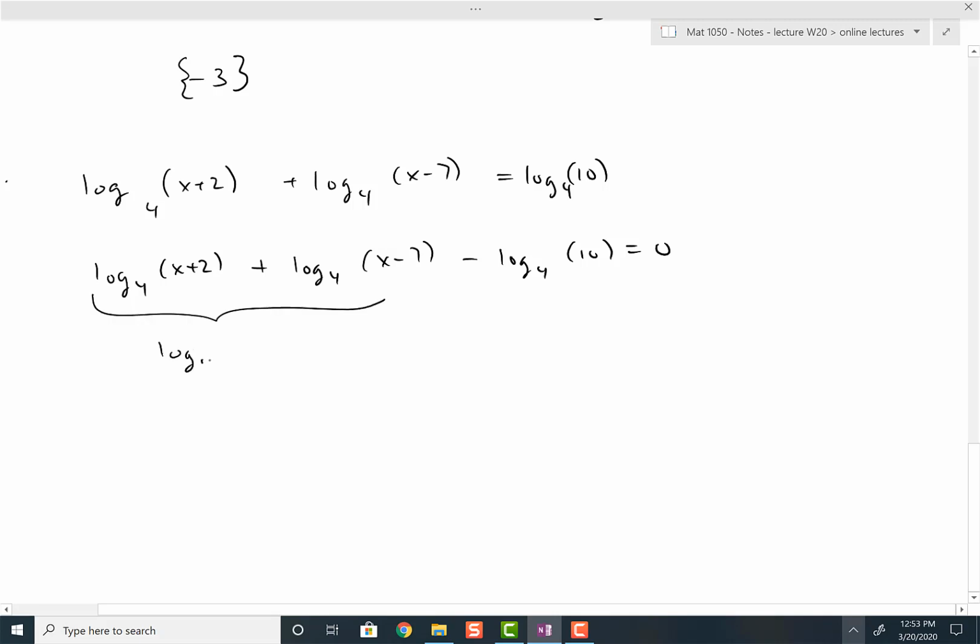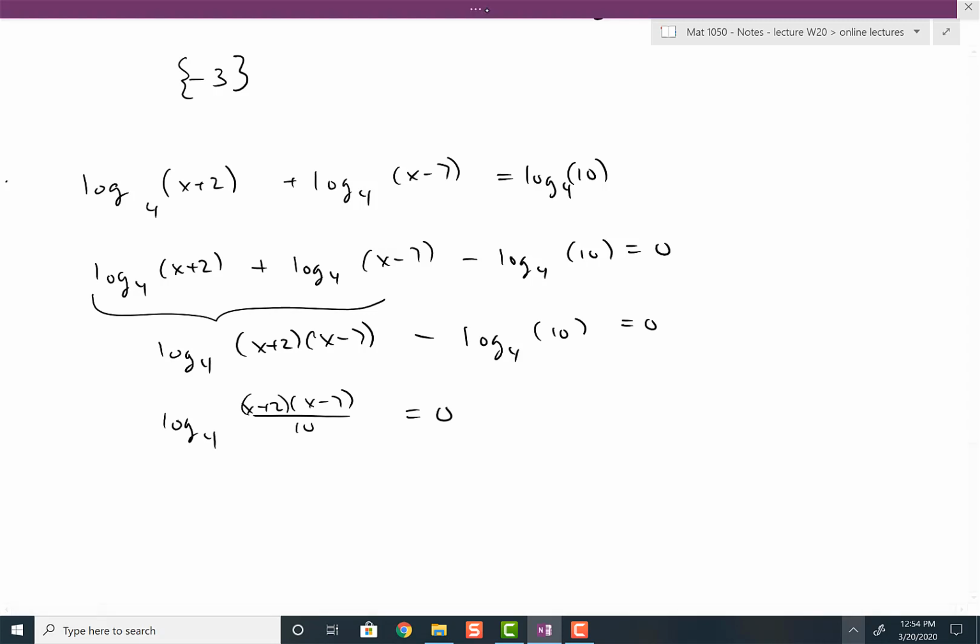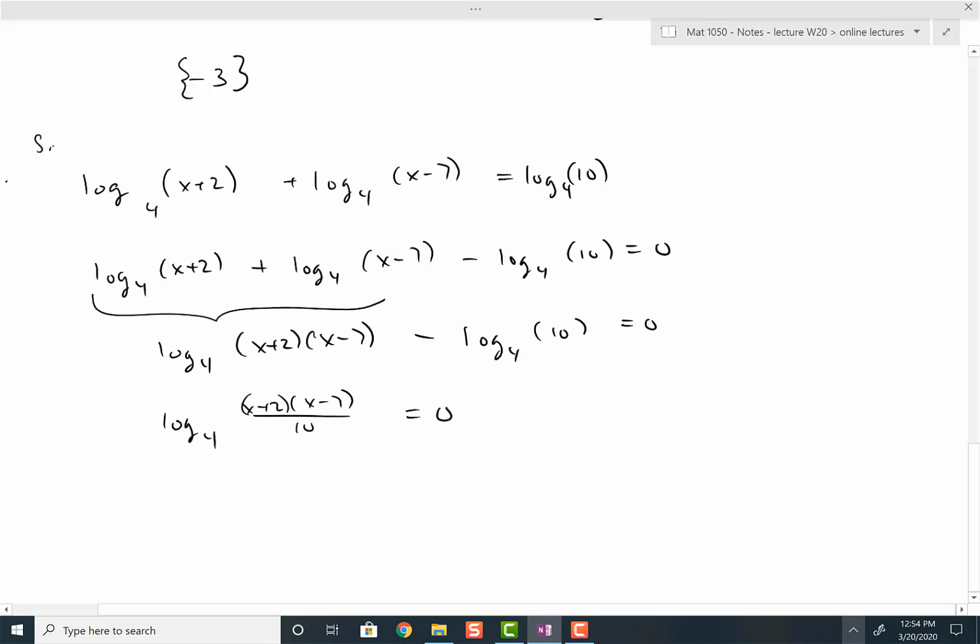So this gives me log base 4 using the addition property, which means multiply the two arguments. And then finally, this one would give me log base 4 of x plus 2 times x minus 7 divided by 10 equals 0.